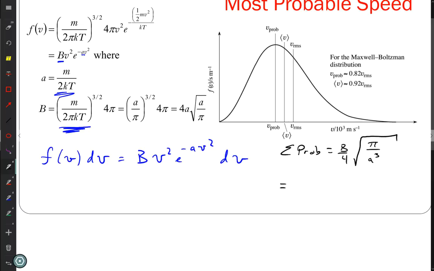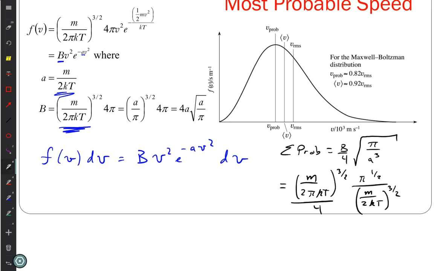So B is going to be... A is equal to... there, I've put everything in. And then we have to look at how we can simplify this.